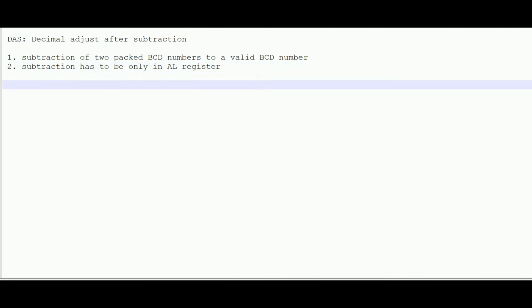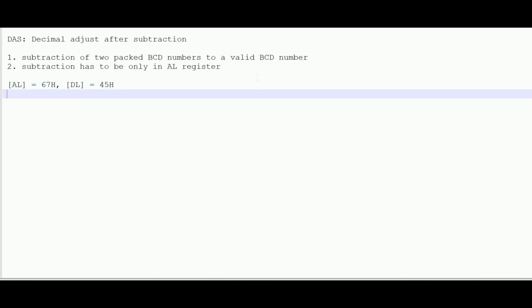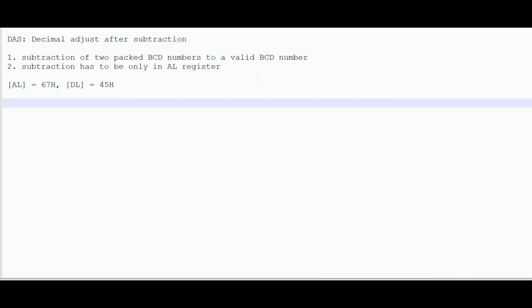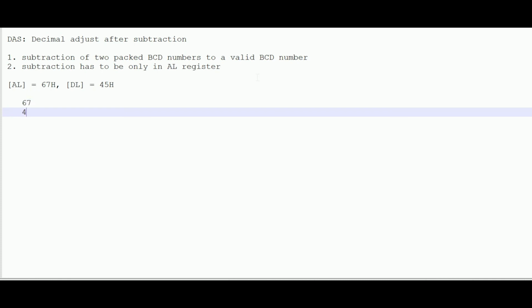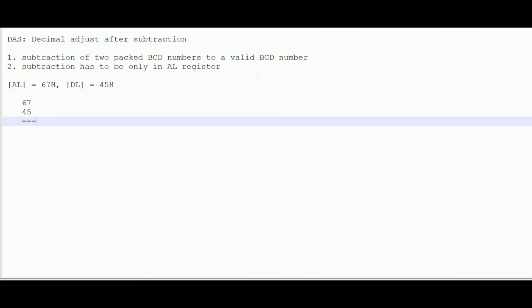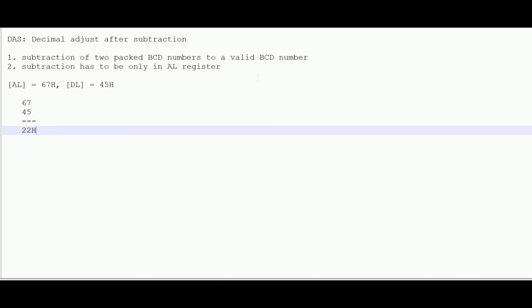Okay, so let us see one example. Suppose the content of AL register is 67H and the content of DL register is 45H. Now 67 minus 45 will give you 22H.